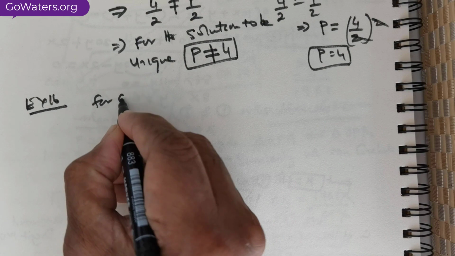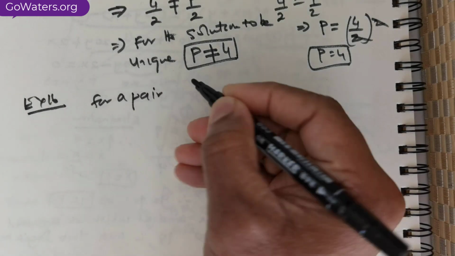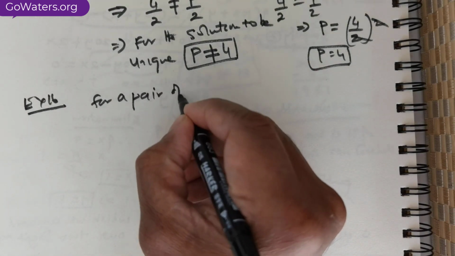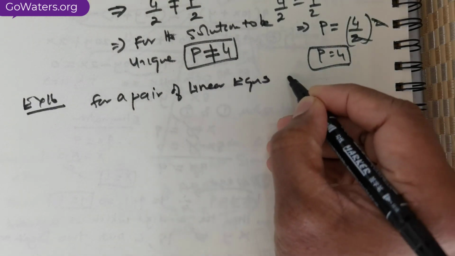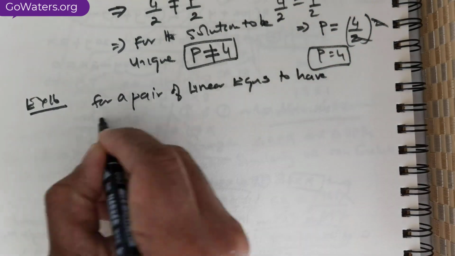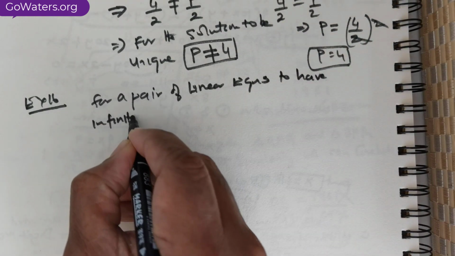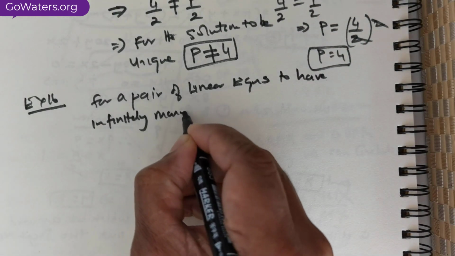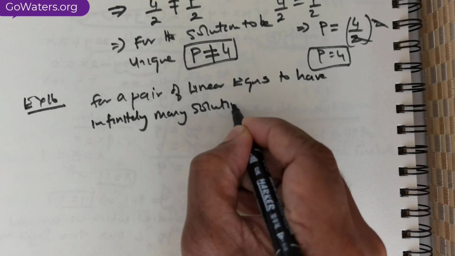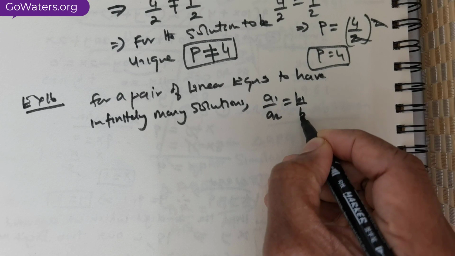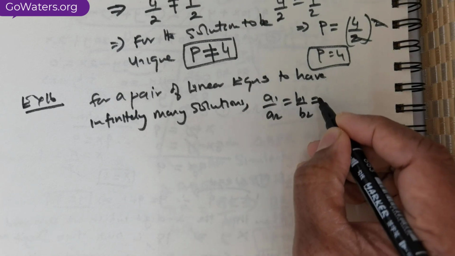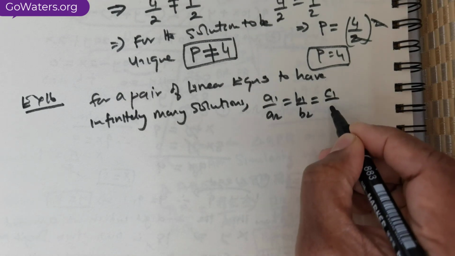Now for a pair of linear equations, what is the requirement to have infinitely many solutions? a1/a2 should be equal to b1/b2, and this in turn should be equal to c1/c2.